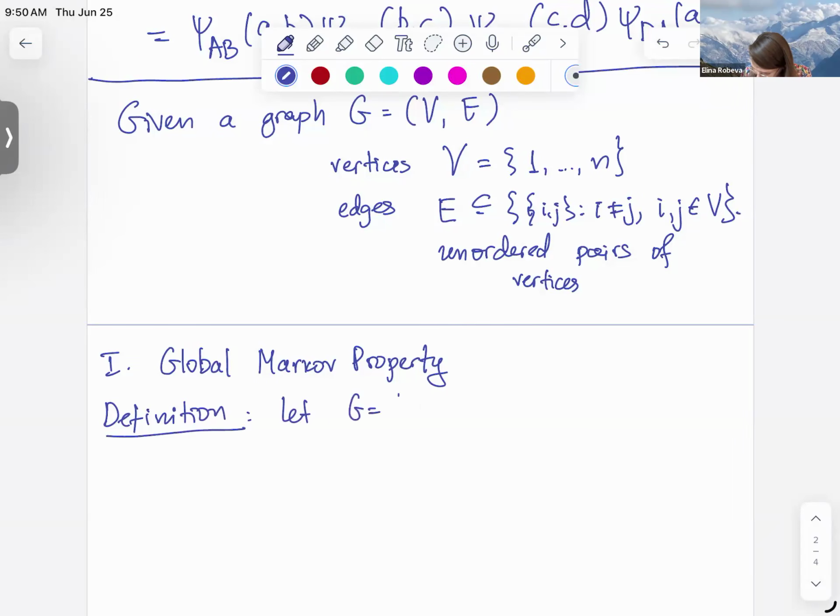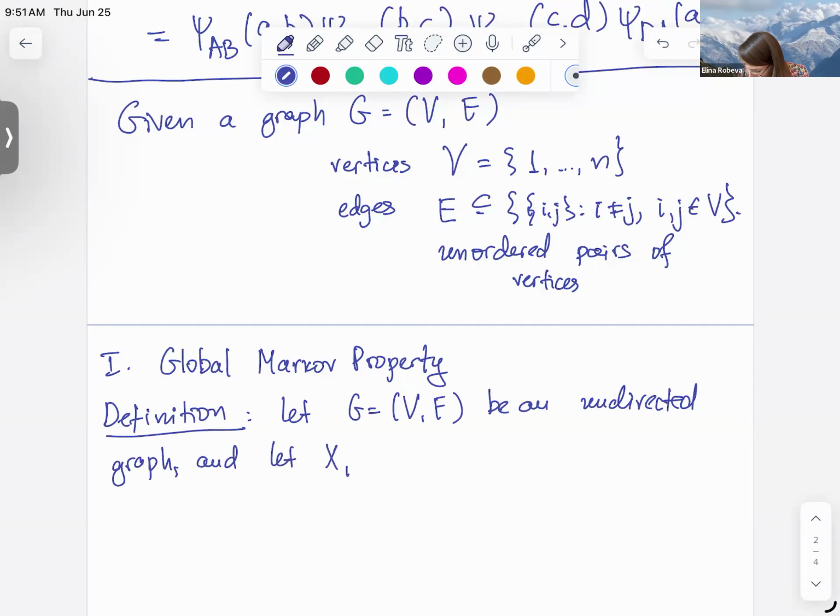Let G be an undirected graph, and let X_i for i in V be random variables.